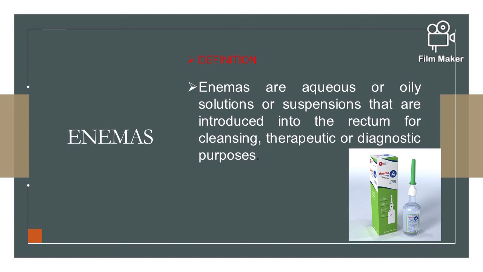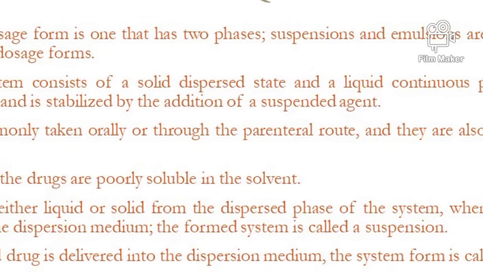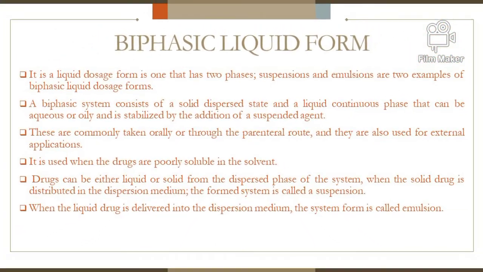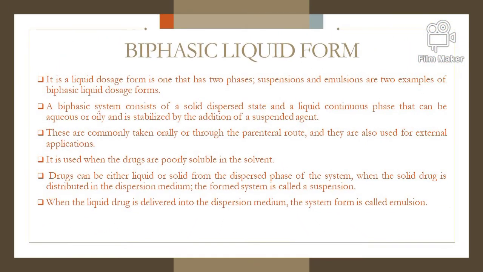Next we are going to see about the second type, that is the biphasic liquid form. A biphasic liquid dosage form is one that has two phases; suspensions and emulsions are the two examples.